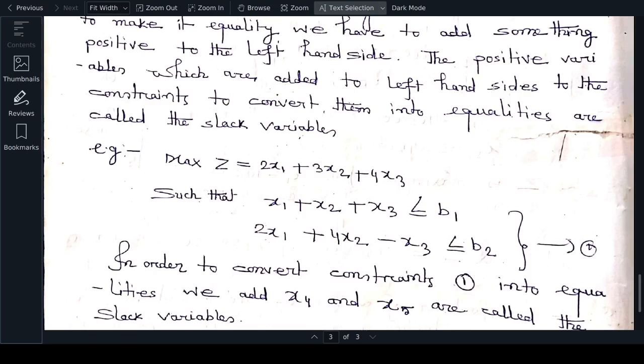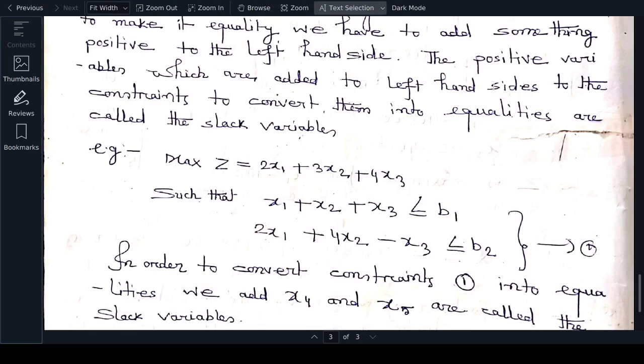So next definition I shall discuss is when we apply the surplus variable. So you see, when the greater than or equal to symbol is present, then we cannot add; always we add something positive for slack, and subtract something positive for surplus, in the left hand side.